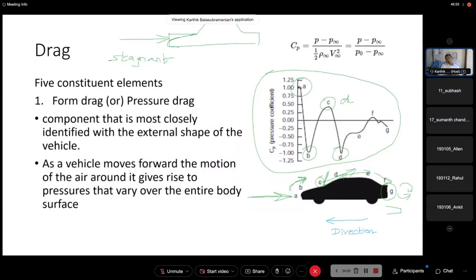So people play around with the design to ensure that there is minimum drag. At the same time, there is a certain aesthetics to it, right? Many of the cars do not exactly adhere to a complete aerodynamic design. They still go with different designs, but within that, they try to achieve minimum drag, right?